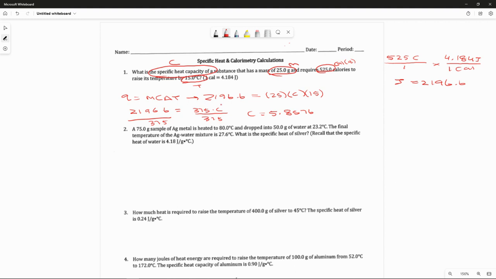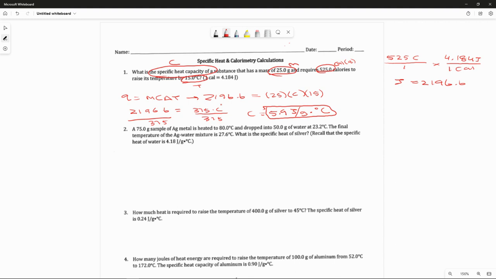And so we're just going to round this up to 5.9. The units for specific heat capacity is going to be, for our purposes, joules per gram times degrees Celsius. And so your answer is 5.9 joules per gram times degrees Celsius.